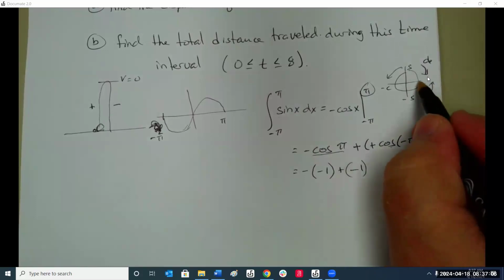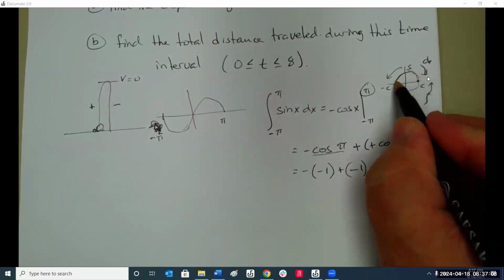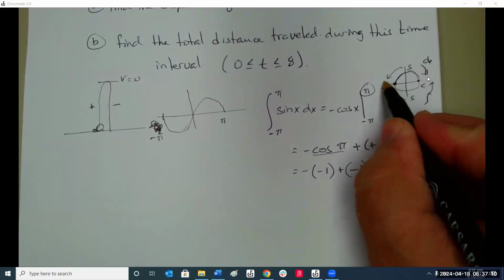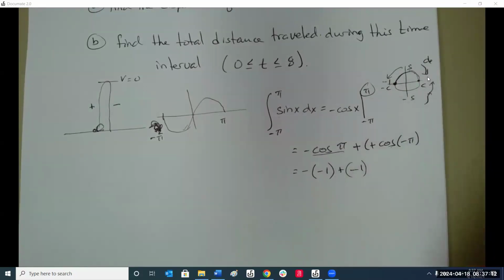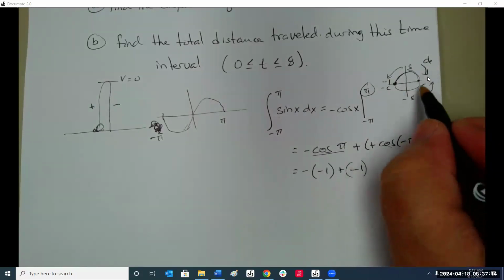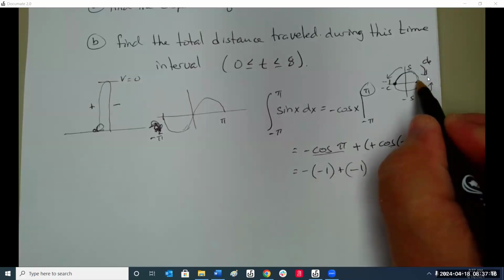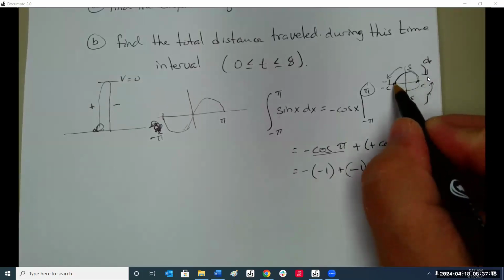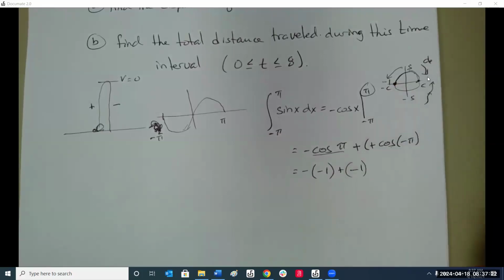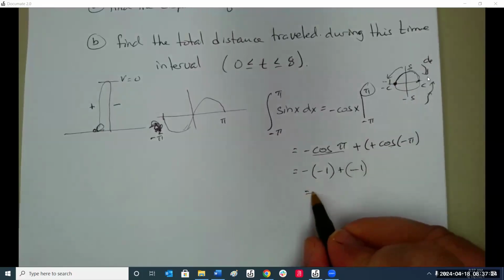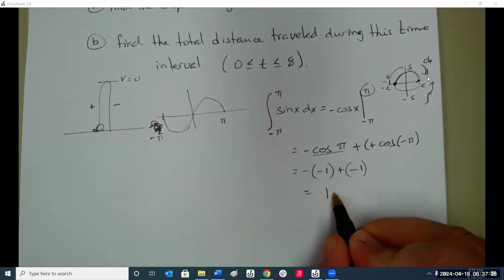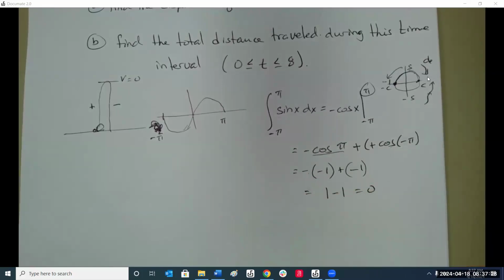Remember, here's 0, pi is on this side. Its location is -1. It's 1 at 0 and 2 pi, and -1 at pi. So we get +1 minus 1 equals 0.